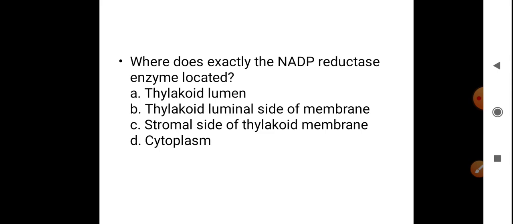So it is on the outer side of the thylakoid membrane, which faces the stroma, that the NADP reductase enzyme is located. So the answer is the stromal side of the thylakoid membrane.